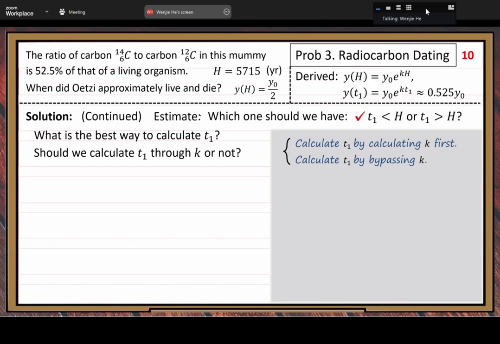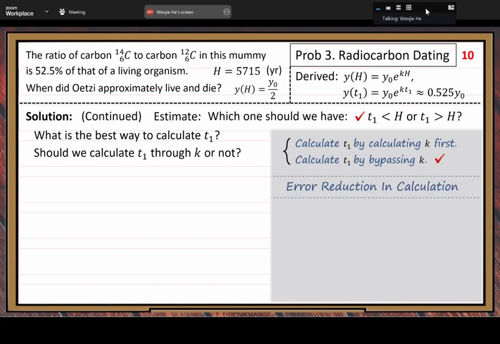If you skip calculating little k, that means you skip one step. That may cause some error. When you calculate little k, there is some error, right? Every step has a possible error term.